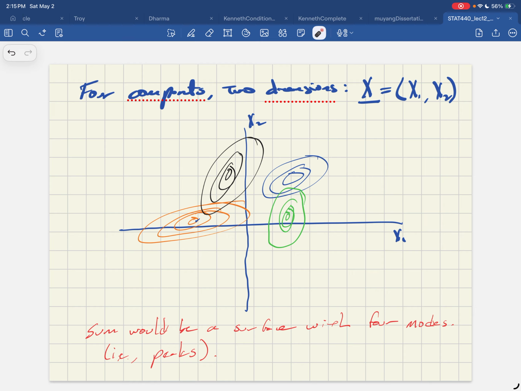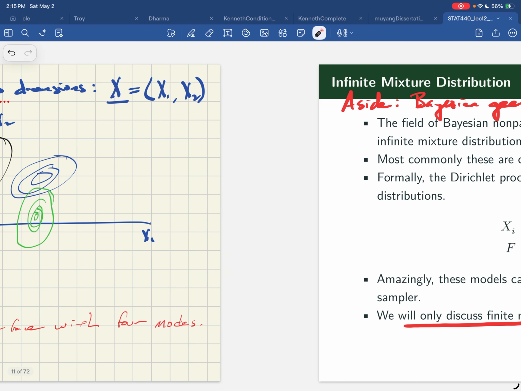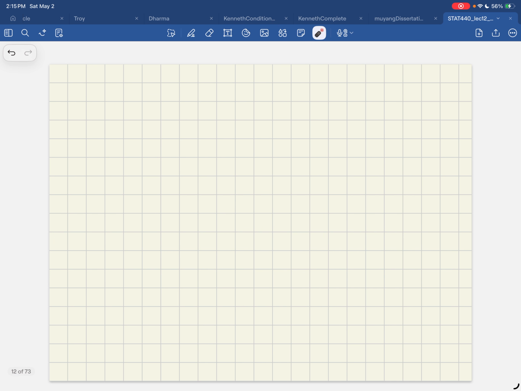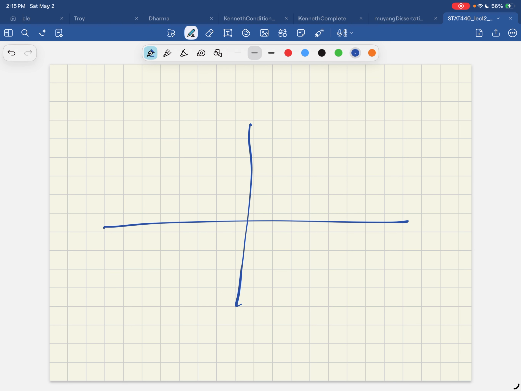What we want to do, of course, is do this in statistics land. So let me add another slide in here just to kind of illustrate this. In statistics land, imagine we had data that looked like this.